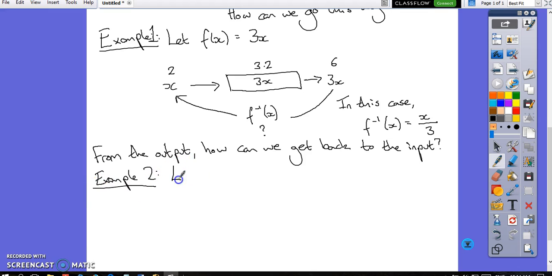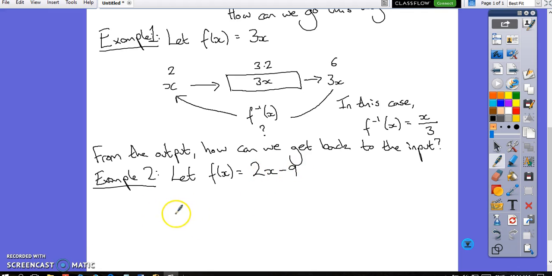What about if we had f of x is equal to, let's say, 2x minus 9? To get from an input to an output here, I multiply by 2 and then take 9 away. How can I get back? Well, I'd need to first of all add 9 to the answer and then divide by 2.